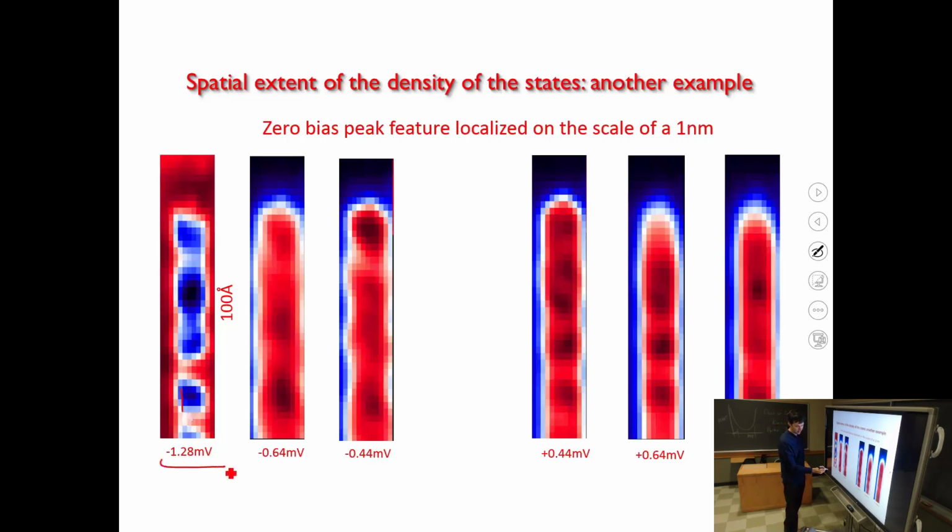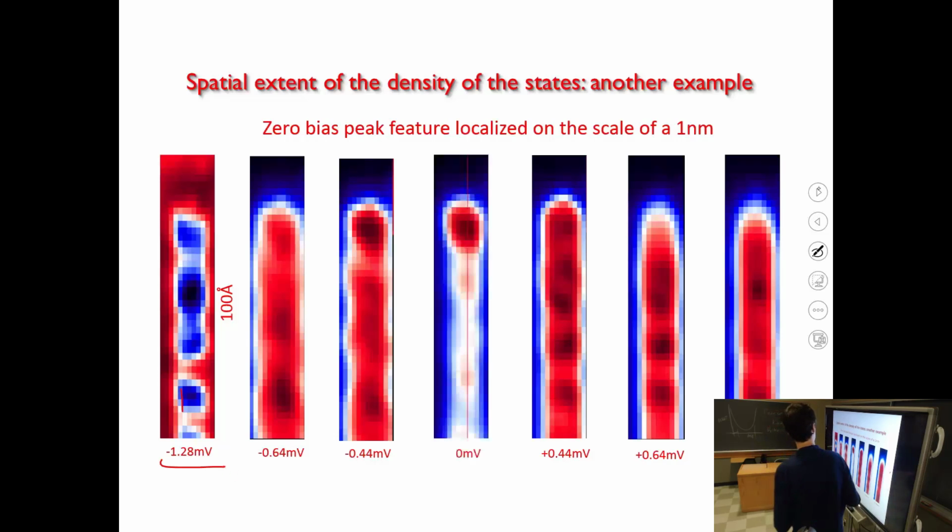So here at the far extremities of this plot, they are outside of the gap. And when they're outside of the gap, they have a large current going in to the chain. And here in the middle, they go inside the gap. And current goes down. But the most interesting measurement is here at zero bias.